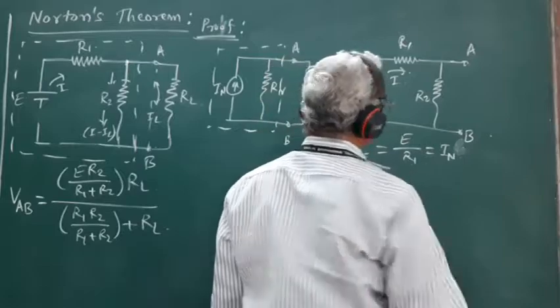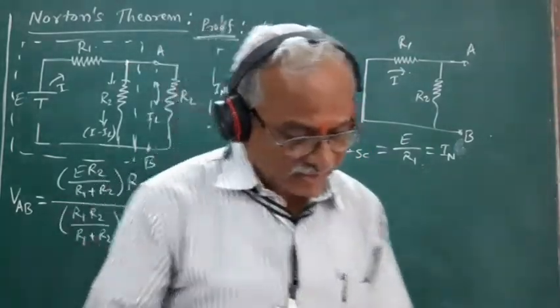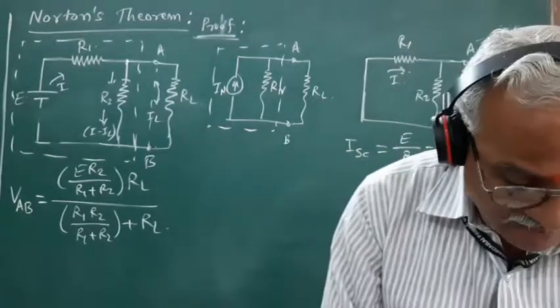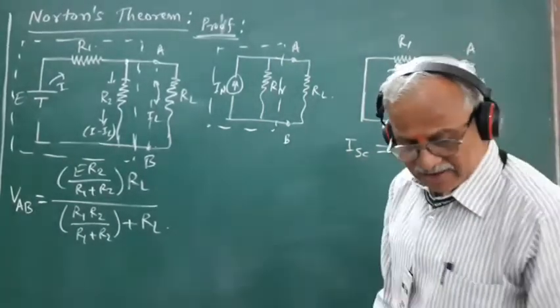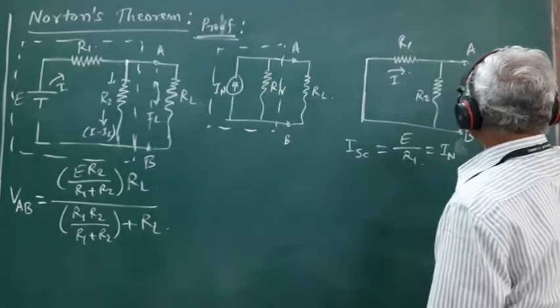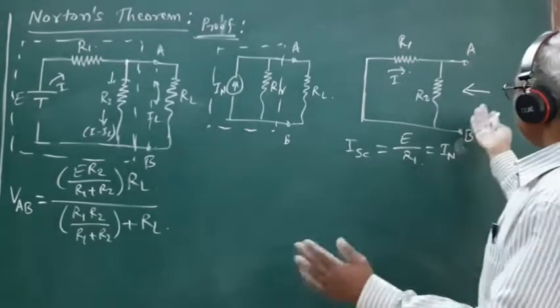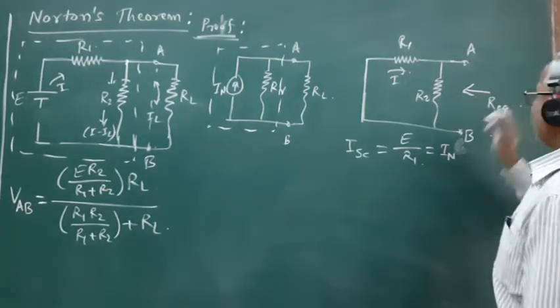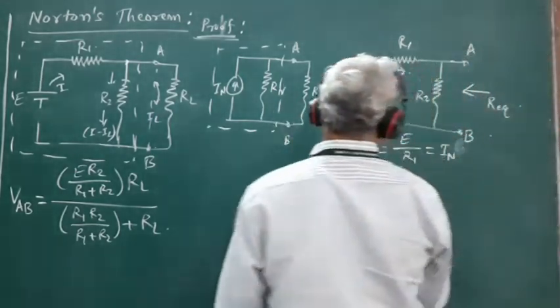So if the source of EMF is short circuited like this, what will be the value of equivalent resistance when this network is viewed backwards from the open terminals A and B? That is the value of R equivalent, and this R equivalent is equal to RN.